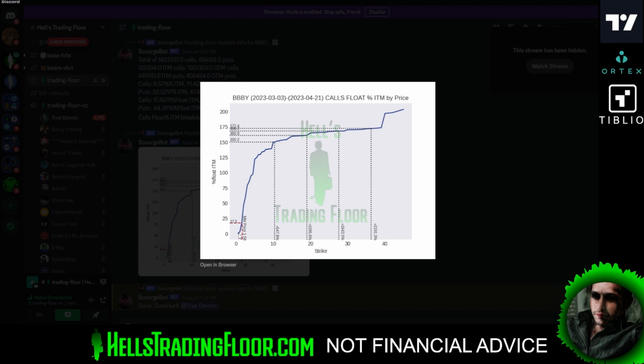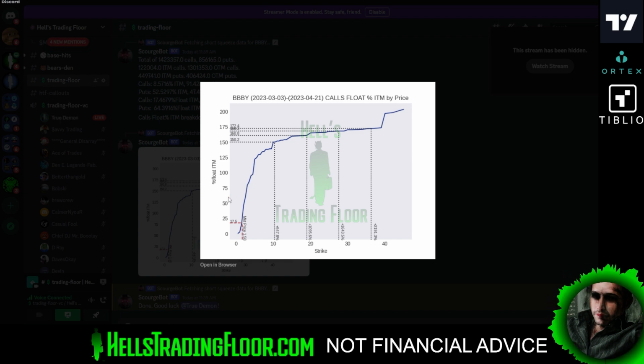So when you look at this chart, what you're looking at is basically as the price of the underlying stock increases, it's moving along this x-axis, which is the strike prices. So this chart is showing you the distance between the stock price. The y-axis is showing you the percentage of the float that is in the money. Why do we focus on this number?